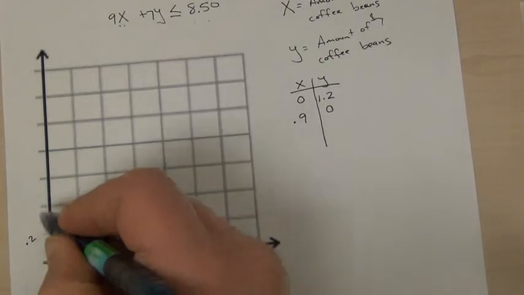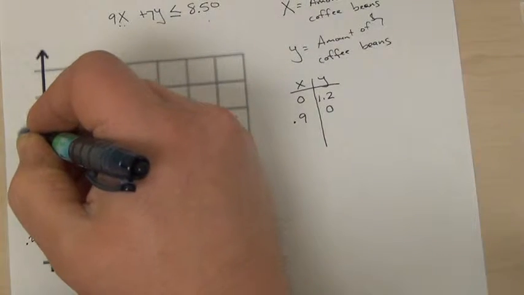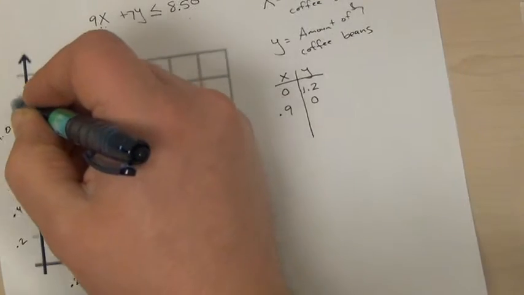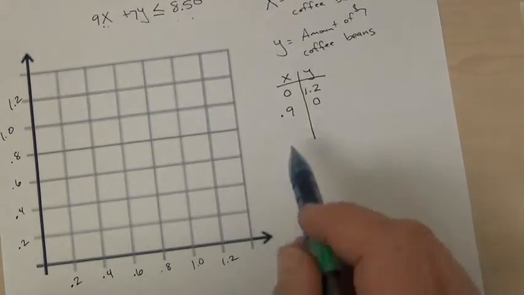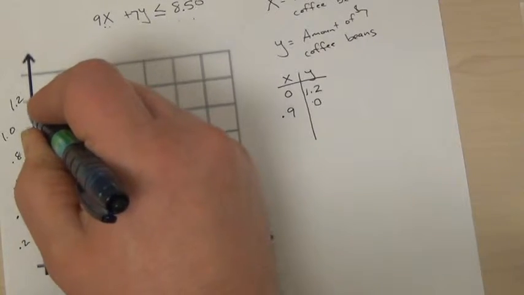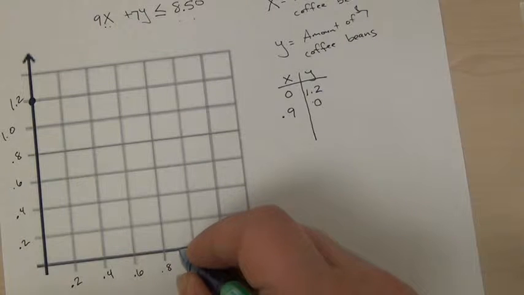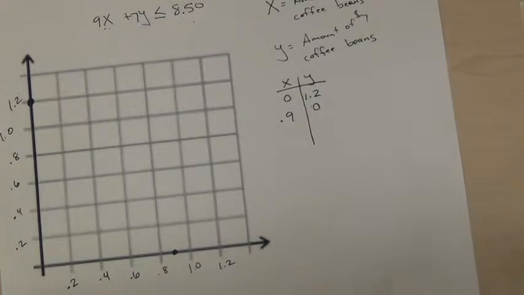And I'm going to do the same thing along my y-axis. And let's see, my y-intercept is 1.2. My x-intercept is 0.9, which is going to be roughly there. And I have a less than or equal to.